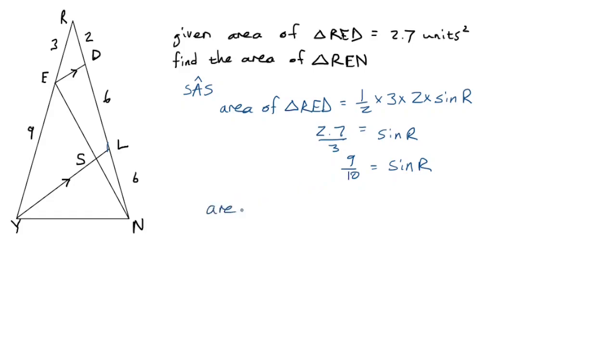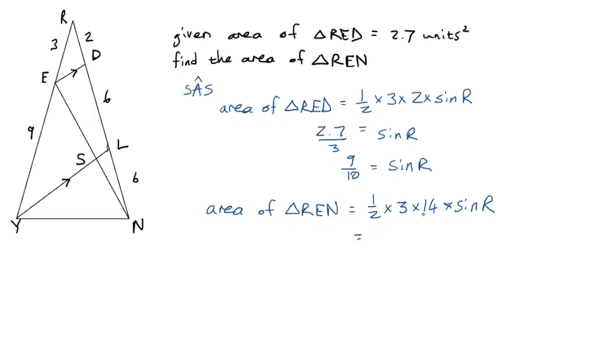So now when I move over to the area of triangle REN, it will be half the one side, so it will still be RE, times the other side, which is RN, so that's 6 plus 6, 12, plus 2 is 14, times sine of the angle in between, which is also sine r.